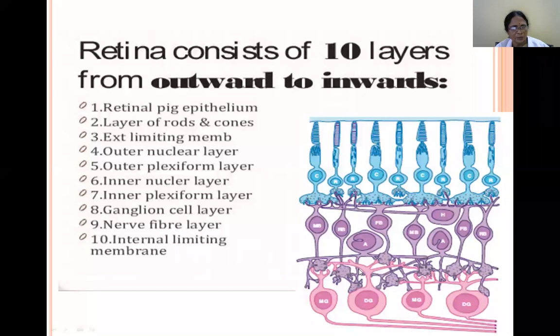They transmit signals to ganglion cells and form presynaptic and postsynaptic connections. The ganglion cells form the nerve fibers of the optic nerve. Let's see in detail.